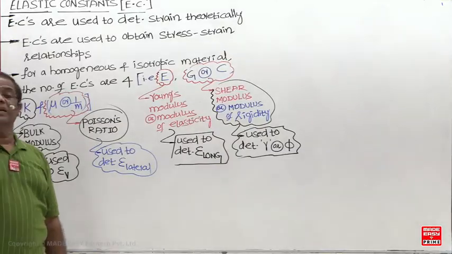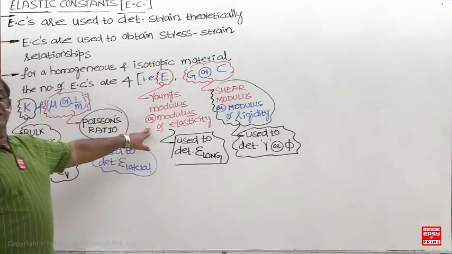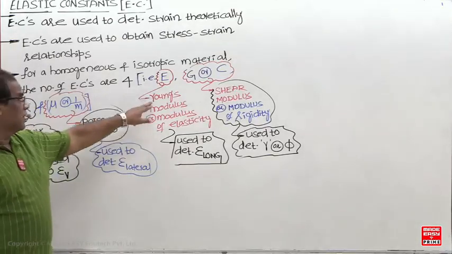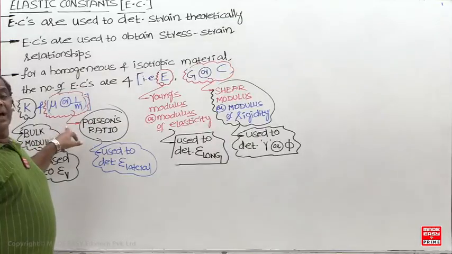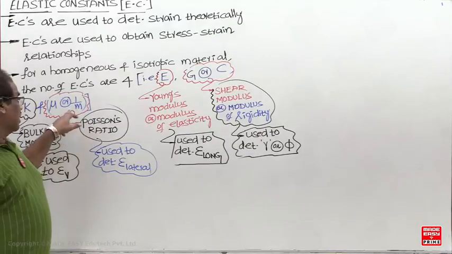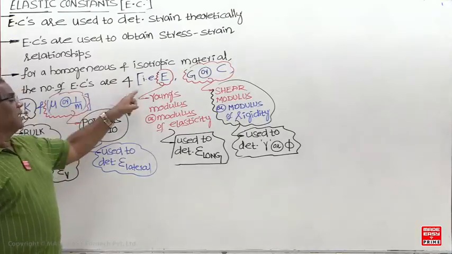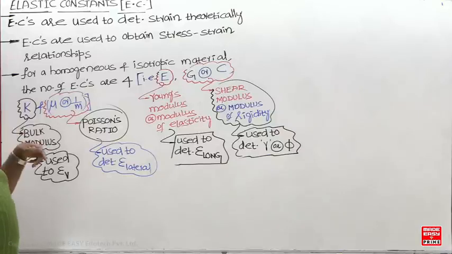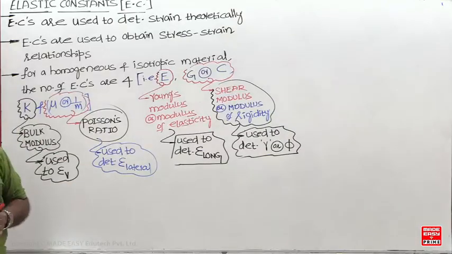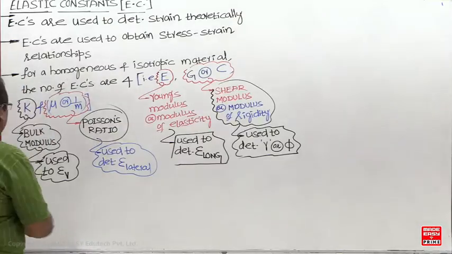After conducting the tension test, the stress-strain curve is drawn, and from its slope, sigma versus longitudinal strain, you get E. By determining the lateral strain, we can find the Poisson's ratio. So for every material, E and mu are known, but G and K are unknown. They are obtained by using the relations between elastic constants. The number of elastic constants is 4, but independent are 2.